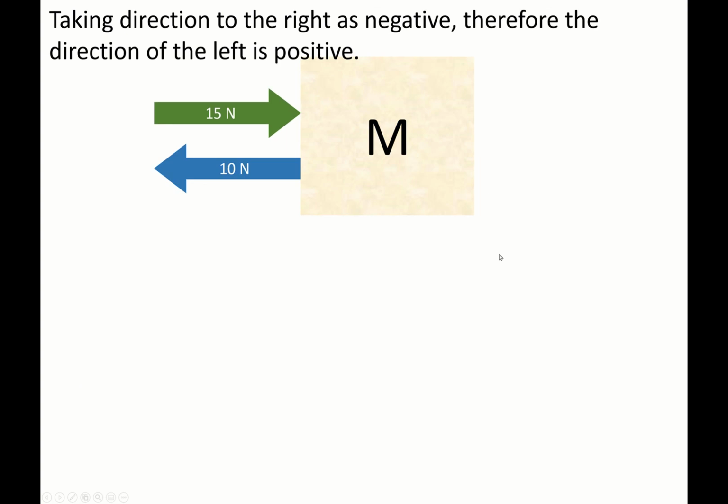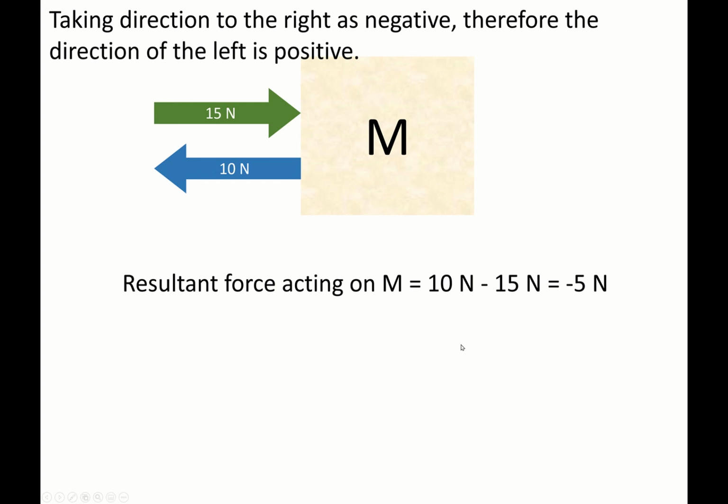I'll lead to another example. This time around, I take the direction to the right as negative. Therefore, the direction to the left will be positive. So in this case, the resultant force acting on m will be 10 minus 15, because to the right is negative, so this one becomes negative.